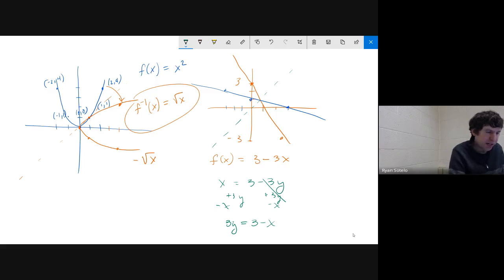And then I will divide by 3 everywhere. And so my inverse function is going to be what y is, which is 1 minus 1/3 x.